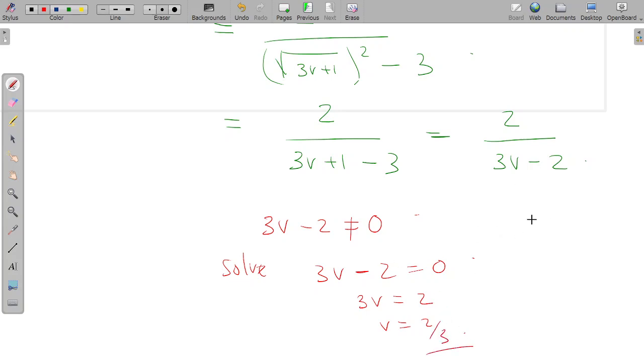So we are looking for where v is not equal to 2 over 3. That is the purpose of solving it. We are solving it with equals to 0 in order to get where we don't want. So we don't want where v equals 2 over 3.